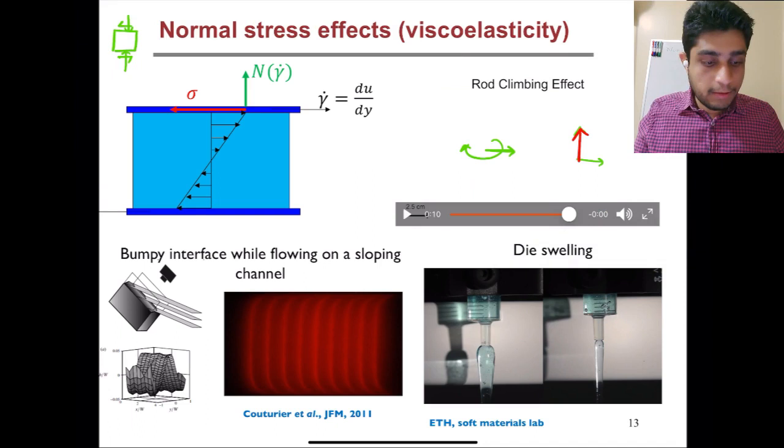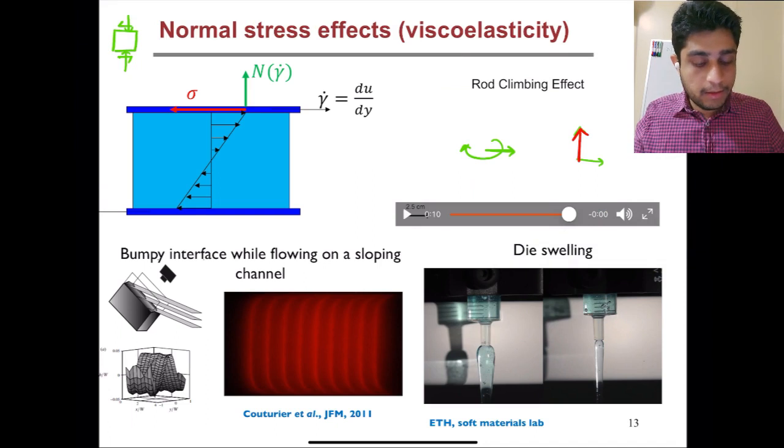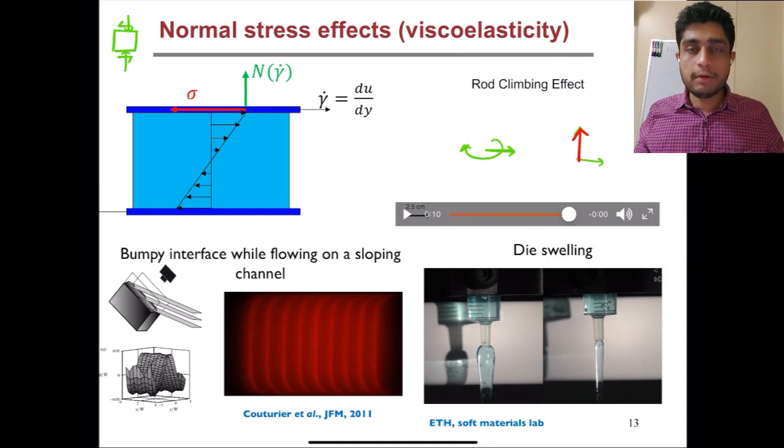Another interesting phenomenon is the bumpy interface. So let's say you just have a Newtonian fluid, and if you try to make it flow on a slope, you can imagine that the interface will always be parallel to the slope, and it will be perfectly smooth, it won't be bumpy.